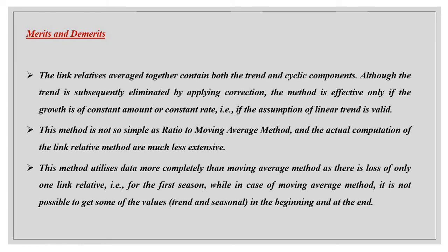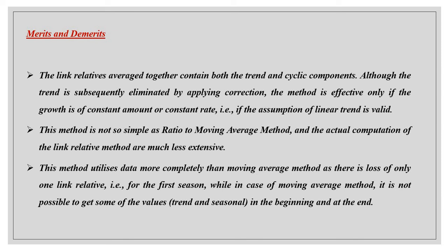So what are the merits and demerits of this method? The linked relatives averaged together contain both the trend and cyclical components. Although the trend is subsequently eliminated by applying correction, the method is effective only if the growth is a constant amount or constant rate. That is, if the assumption of linear trend is valid.